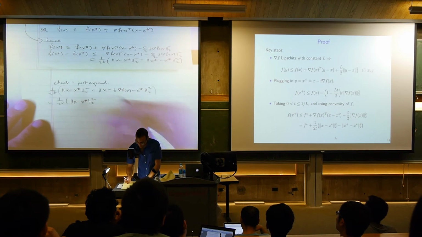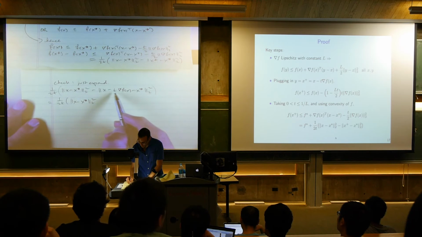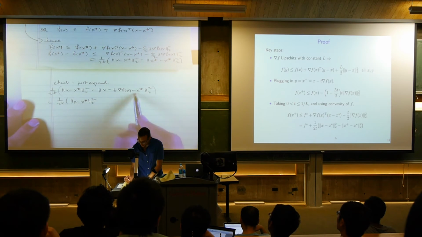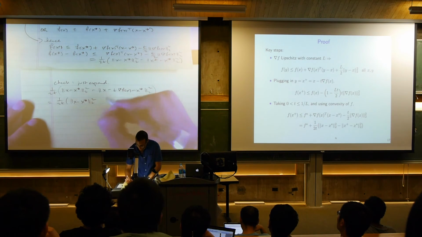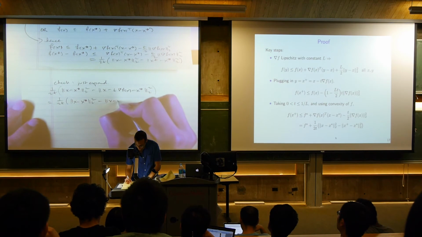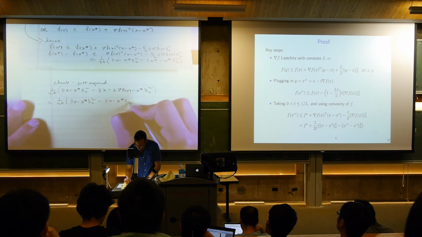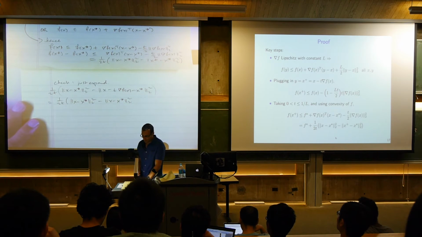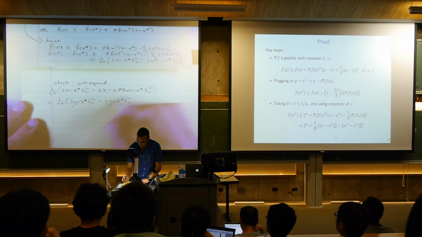Just expanding the square. And here I'll group this on its own and x minus x star together. From the x minus x star term, I just get that squared, which cancels.